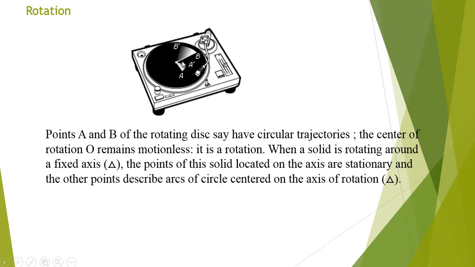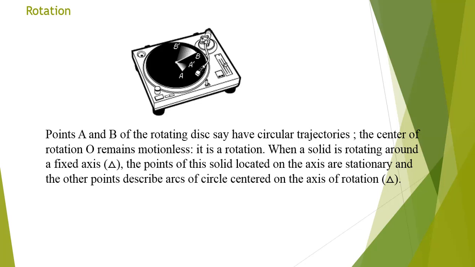When a solid is rotating around a fixed axis delta, the points of this solid located on the axis are stationary and the other points describe arcs of circle centered on the axis of rotation. So, A describes a circle of radius OA, but this circle is centered at O. And B describes a circle of radius OB, but it is centered at O.